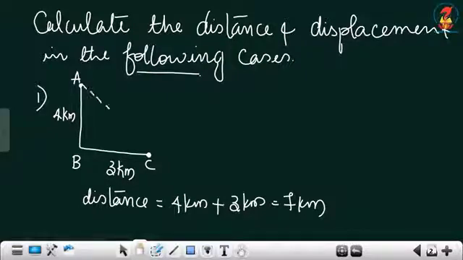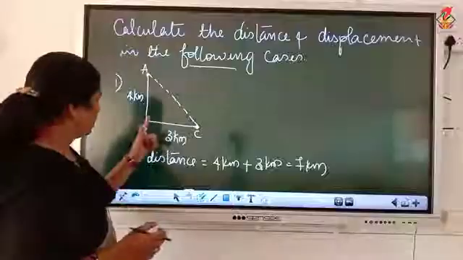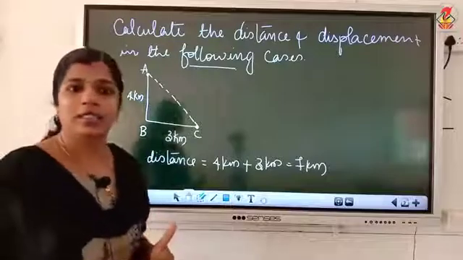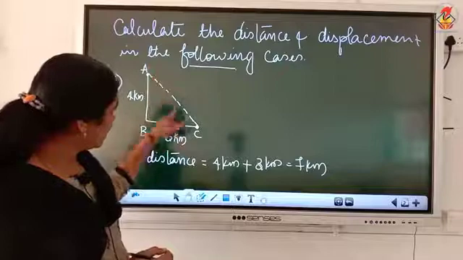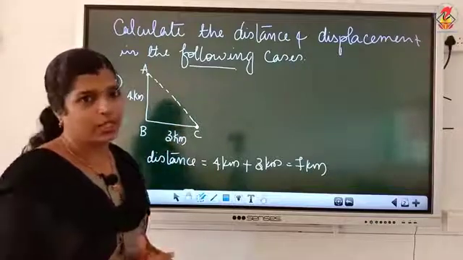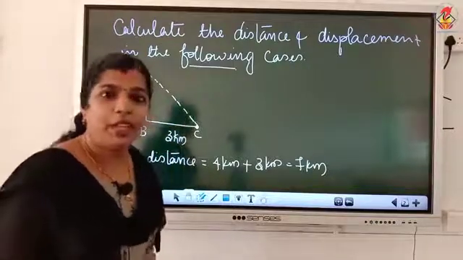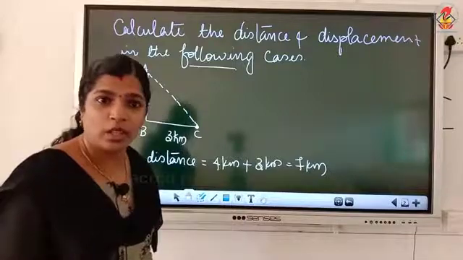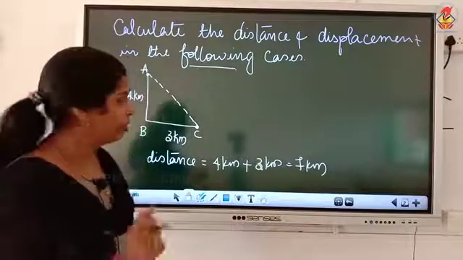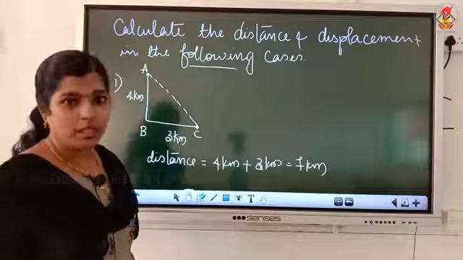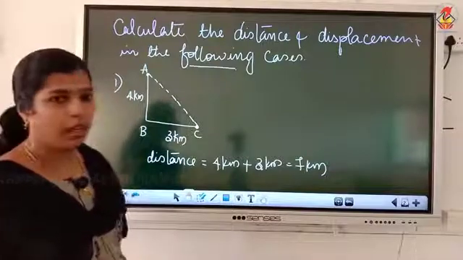So, I will draw a straight line distance between A and B. Now, what's the shape? How will you find this AC? It's a right angled triangle and AC is the hypotenuse. Using which theorem can we find it? Using Pythagoras theorem, we can find the hypotenuse.